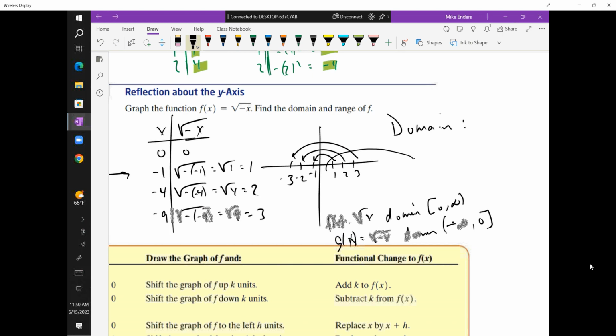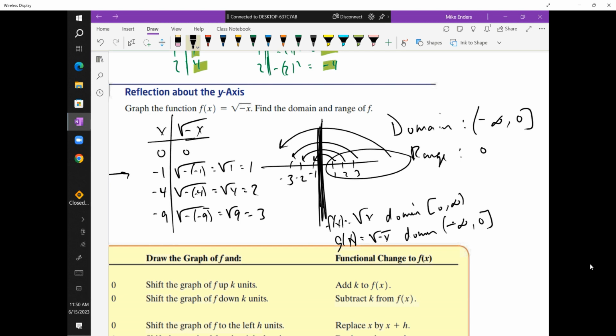All the values out here now get flip-flopped and they turn over here, they flip at the 0 mark. So now my domain on this one is negative infinity to 0, and my range still stays the same. My range didn't vary any. It's still going to go from 0 out to infinity. Okay. All right, so we did it.